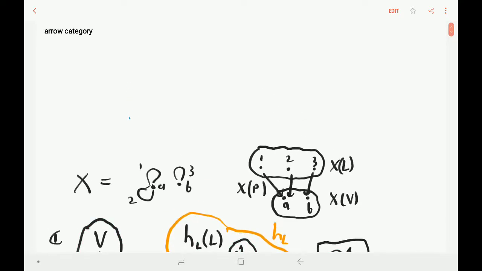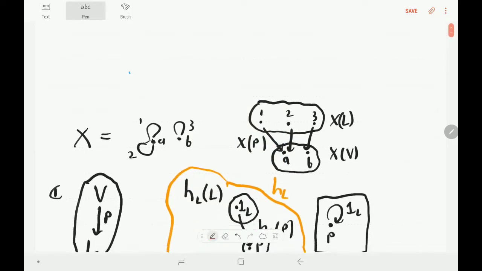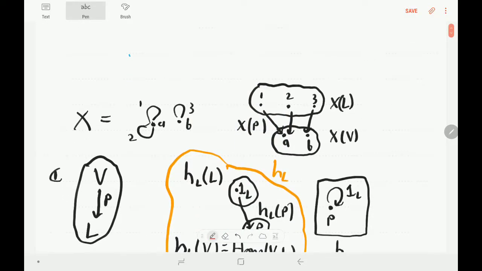Okay, so I want to talk about this lovely arrow category. This is a category of pre-sheaves. Here's an example picture of one of the objects of its category, and it can also be visualized like this.